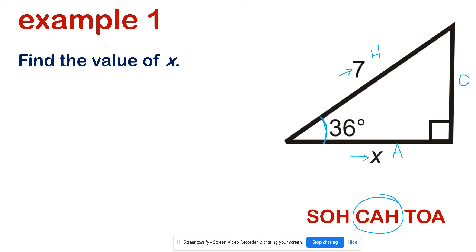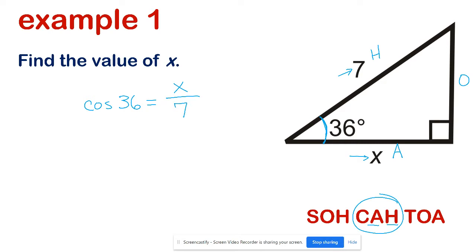Whenever you do sine, cosine, or tangent, it's always the sine, the cosine, or the tangent of an angle. You have to have an angle you're working with, and here it's 36 degrees. So I'm going to say cosine of 36 equals, and then it's AH, adjacent over hypotenuse. So that's going to be x over 7.